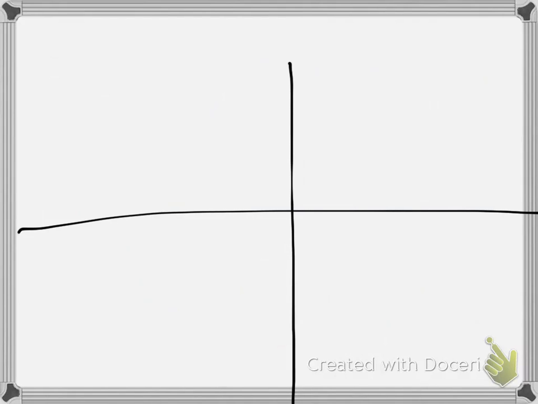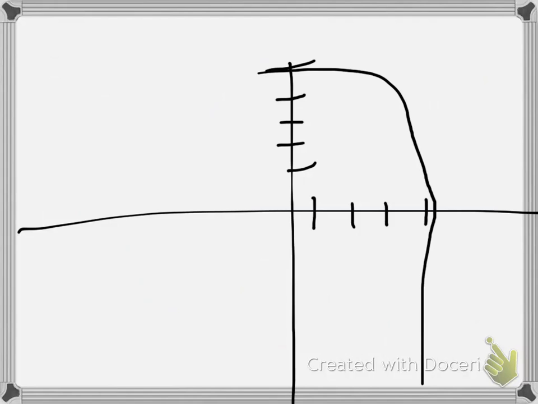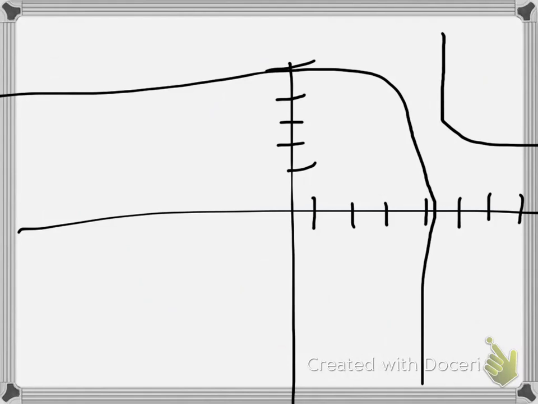So our domain would be 4. Our vertical asymptote is 4. So what we would do is on the domain, we would put 1, 2, 3, 4. 1, 2, 3, 4, 5. We would put it right here. And then we would write down another part of something like that, similar to it.